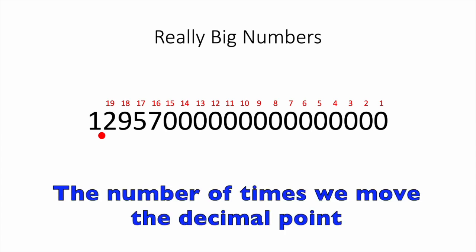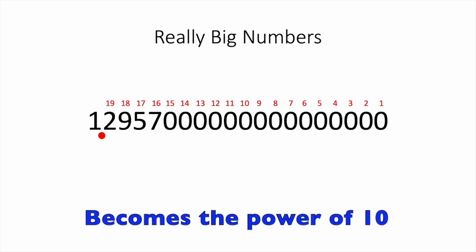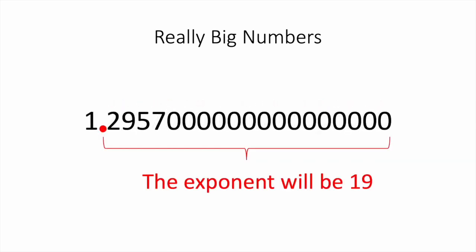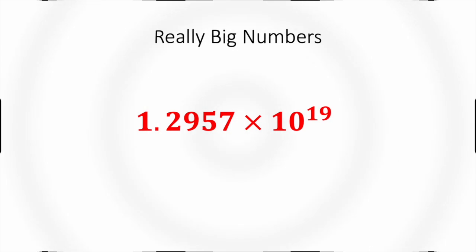The number of times we move the decimal point becomes the power of 10. We had to move this decimal point over 19 places, so our power is going to be 19. So this big, huge number, when written in scientific notation, becomes 1.2957 times 10 to the 19.